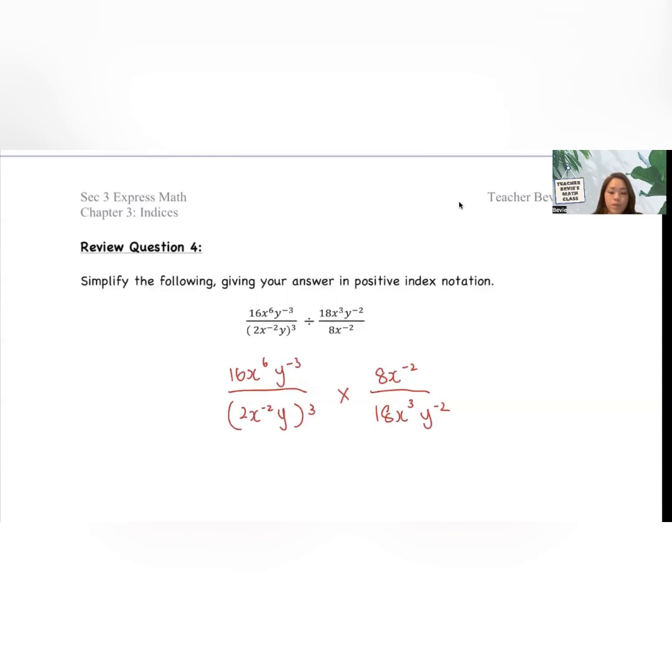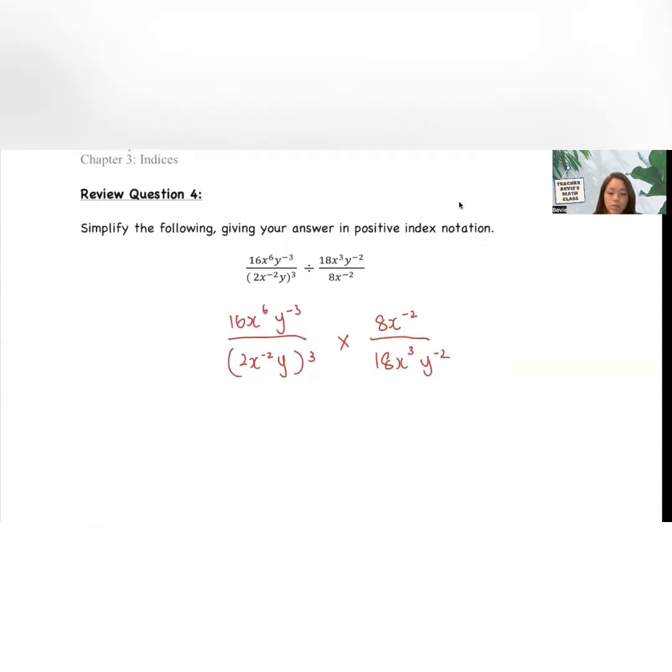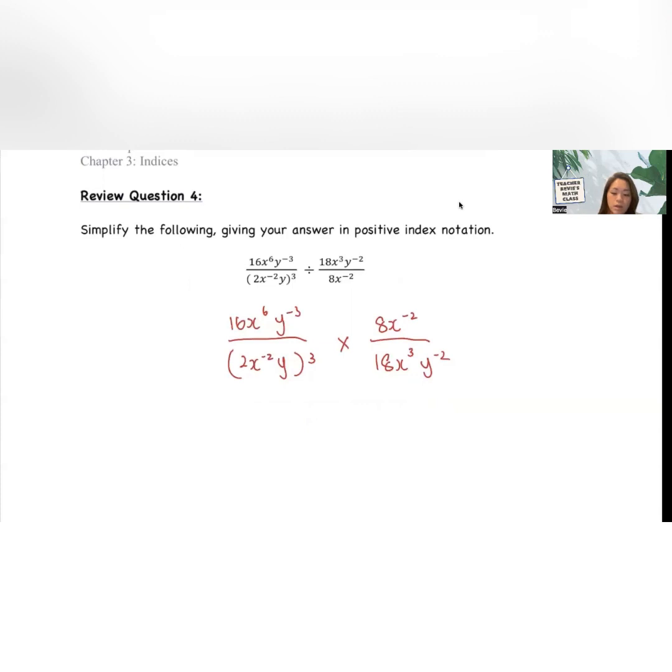Okay, so from here, I have to simplify these two fractions a little. This one, I will get 16x^6 y^-3 for the denominator. This cube actually belongs to every single term inside your bracket. So 2 cubed, that's an 8. X to the minus 2 also has to be cubed.